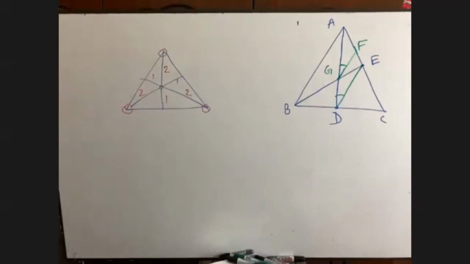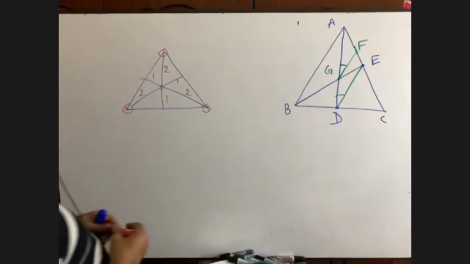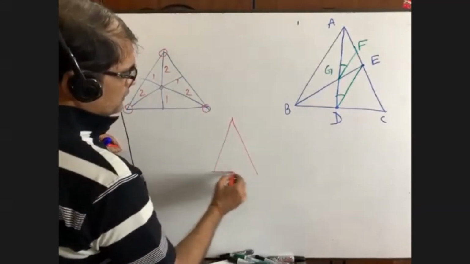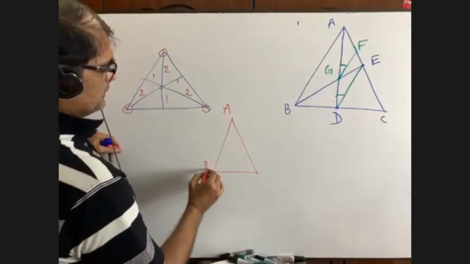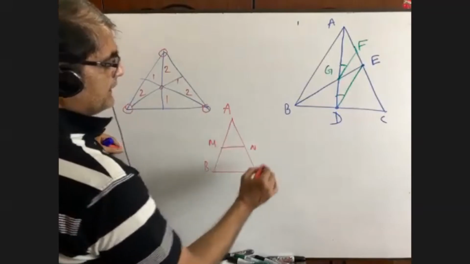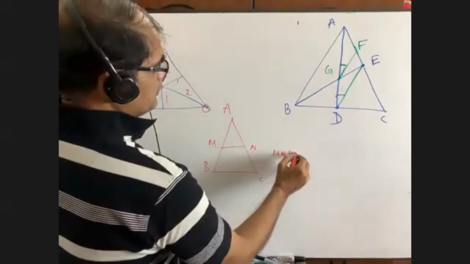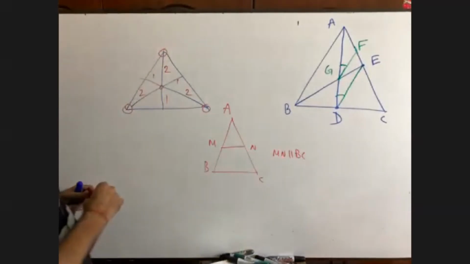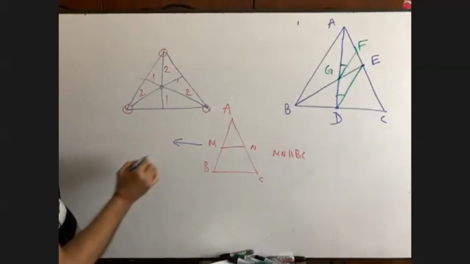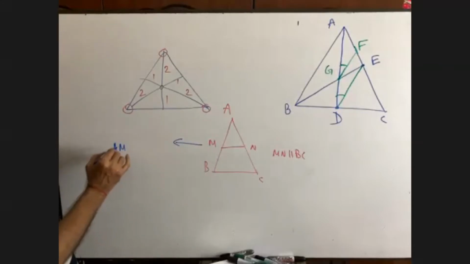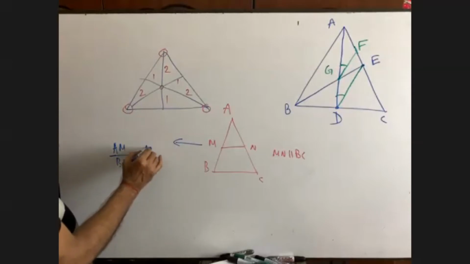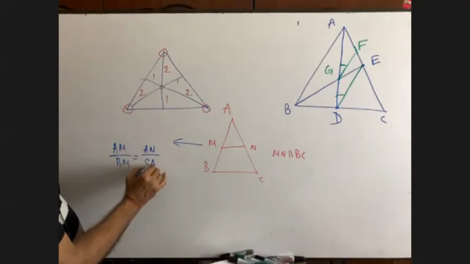Number one. And you have been knowing it from higher math. Another formula is to be applied here that you know. Suppose ABC is a triangle. It is suppose MN. And it is told that MN is parallel to BC. Then what should we write? We can write AM by BM is equal to AN by CN.